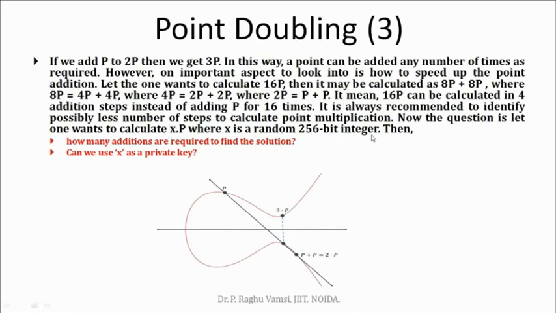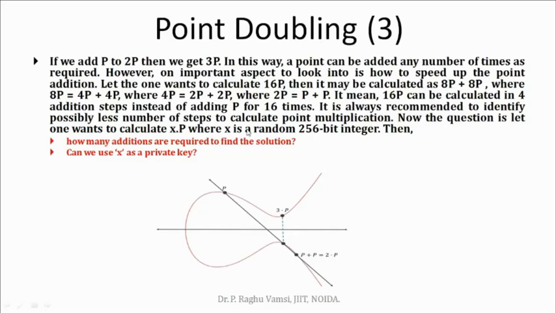That means you are picking a random number in the range of 2 power 256. Just to recall the range of integer in C programming, a 16-bit integer, 2 power 16, means 65,536. From that you are going to pick one value. Like that, here it is 2 power 256.